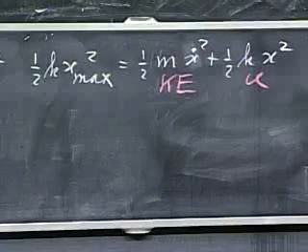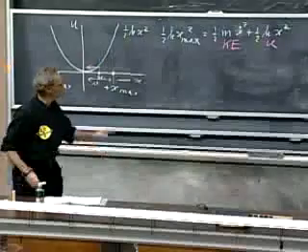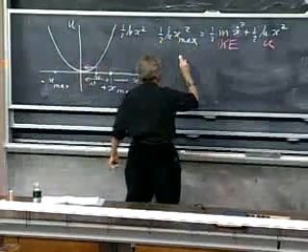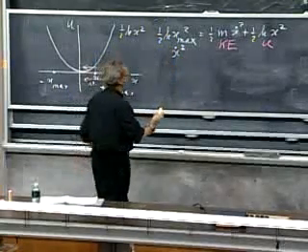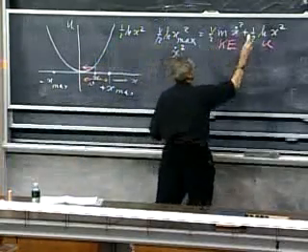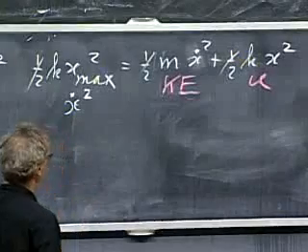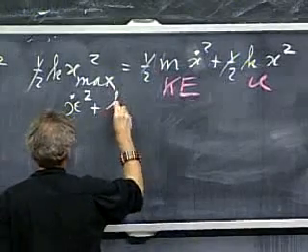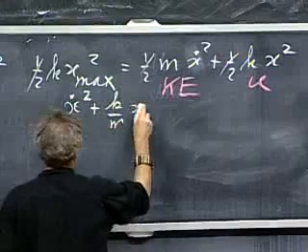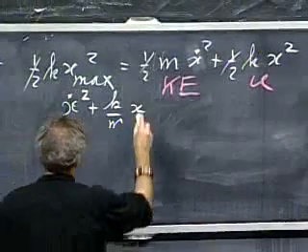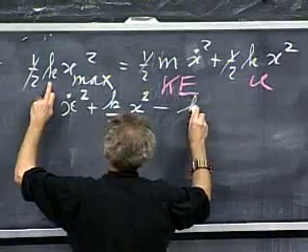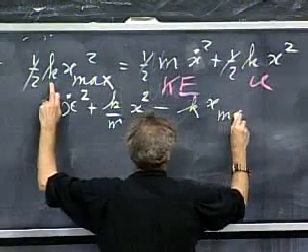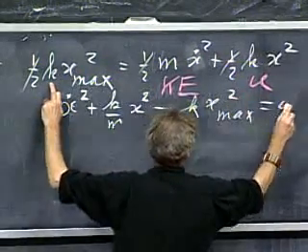And now I'm going to rewrite it slightly differently. I bring the x dot squared to one side. My halves go away, and I divide by m. So I get plus k over m times x squared, and then minus k over m times x max squared equals 0.